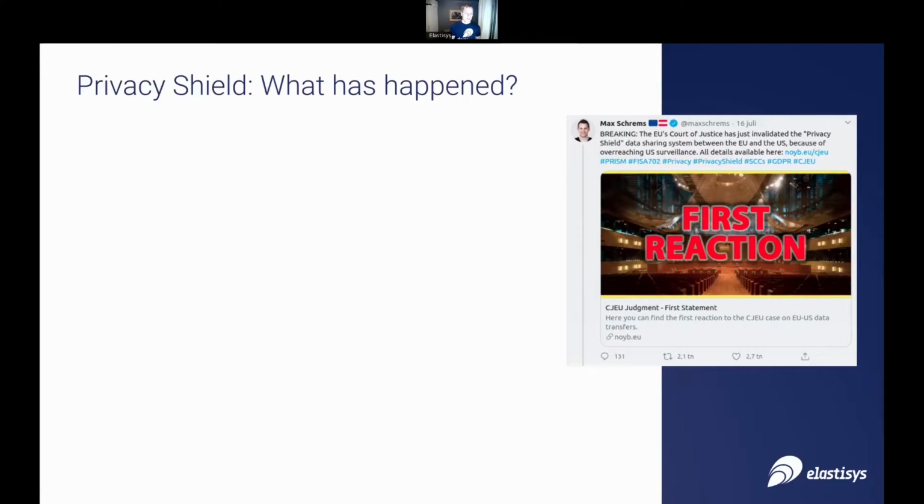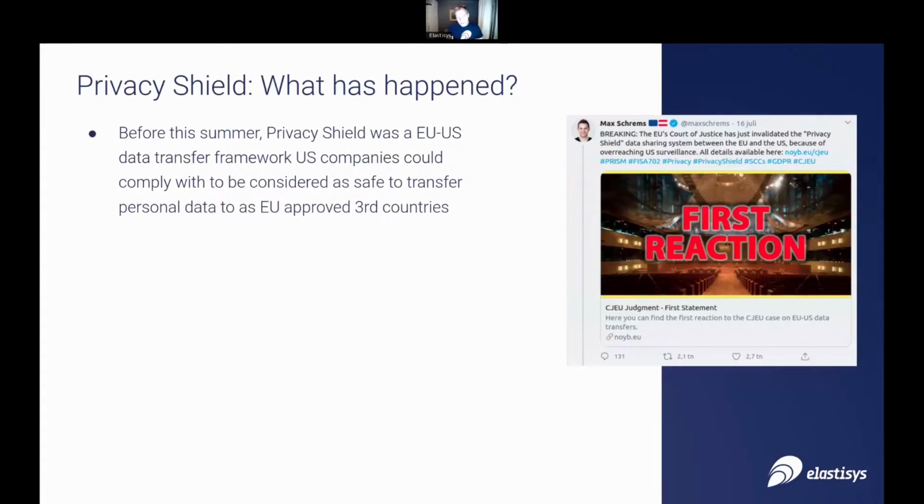So getting into Privacy Shield then, what has happened exactly? Privacy Shield, before the summer, was a data transfer framework implemented to allow EU companies to make data transfers to US companies with the same level of protection as the previous countries listed on the last slide.